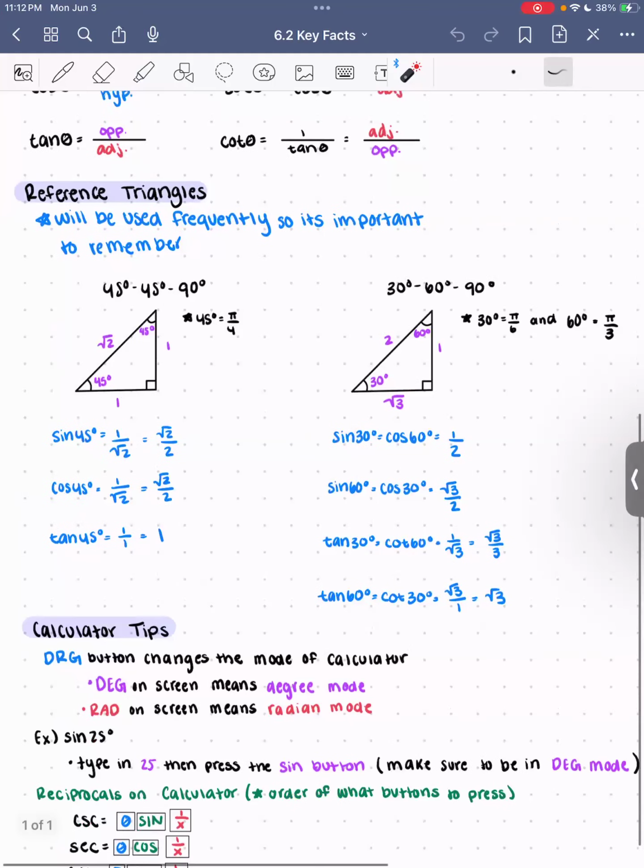All right, so reference triangles. Reference triangles are very important in trig, and these are two sets of triangles that are going to be helpful in allowing you to solve trigonometric equations or functions without using your calculator.